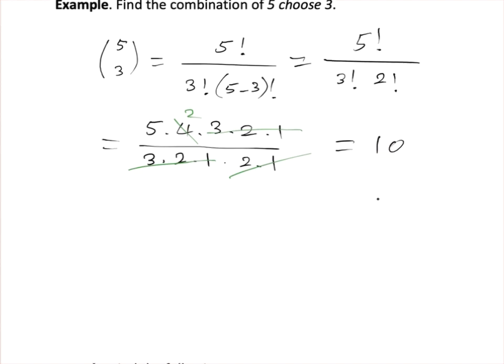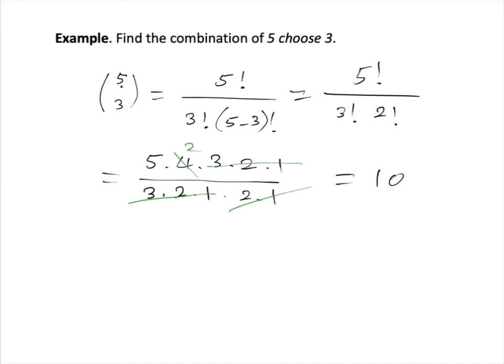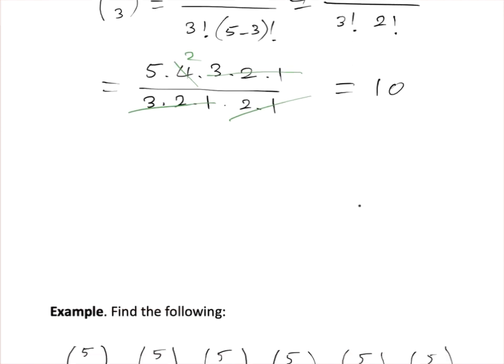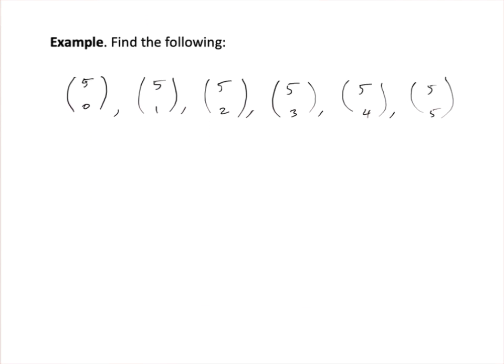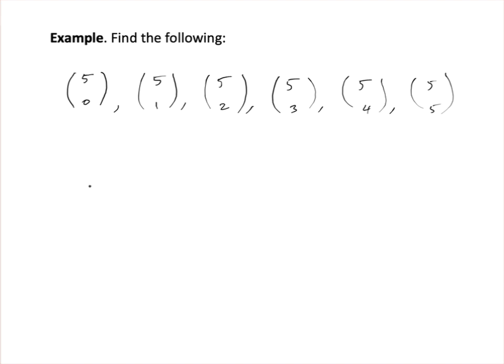Now let's look at all the combinations of 5 objects, because you can choose 0 objects, 5 choose 0. You can choose 1 object, you can choose 2 or 3 or 4 or 5. Let's see what these numbers are. So first, 5 choose 0.